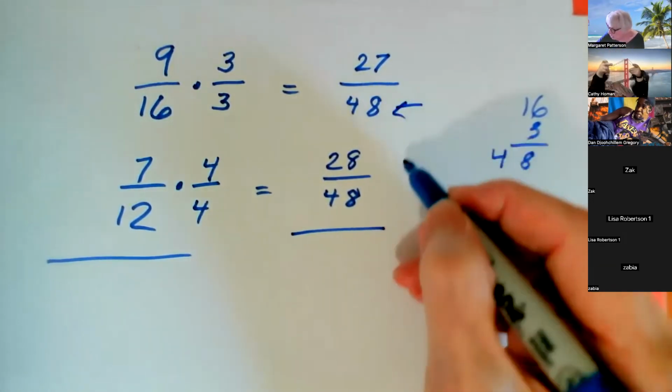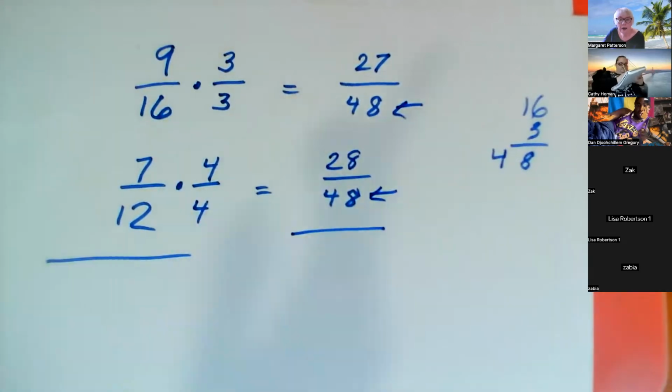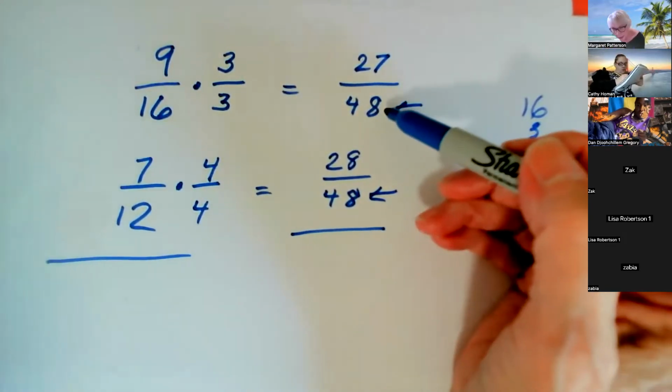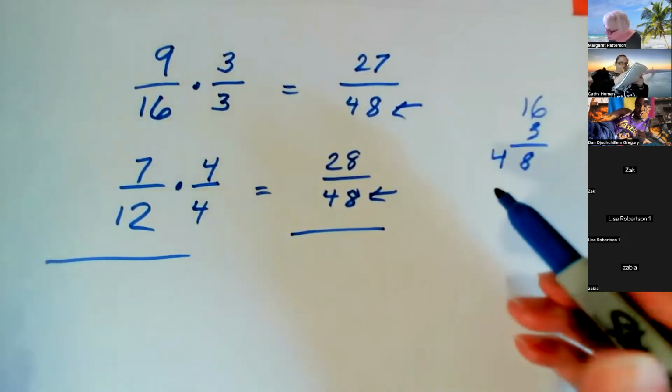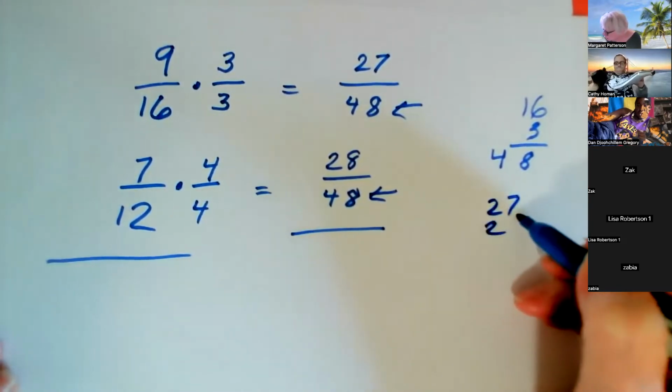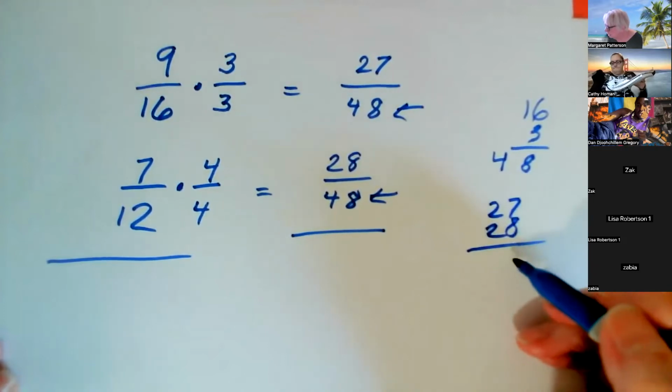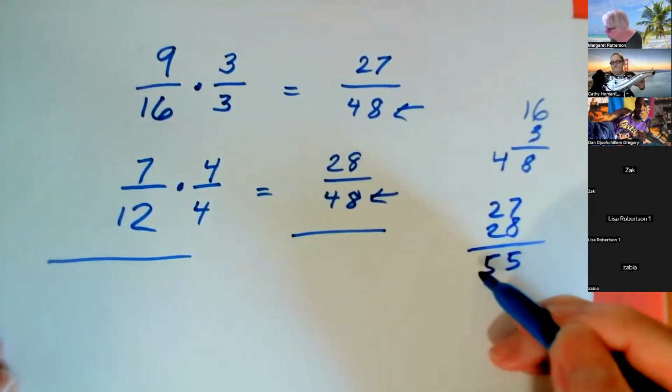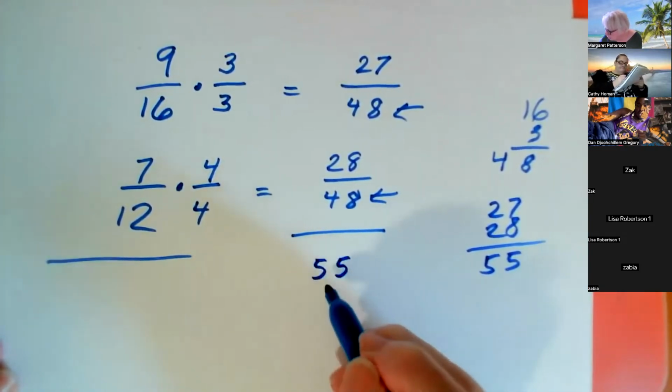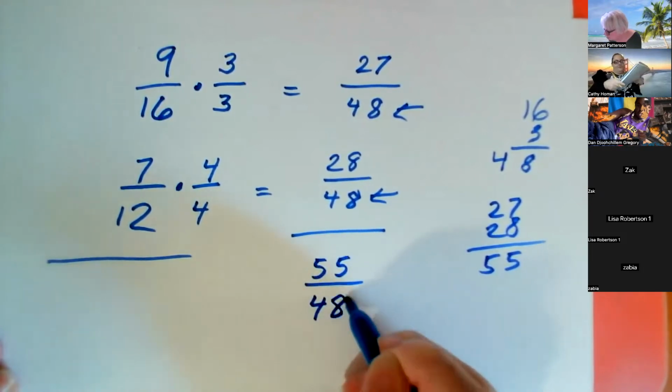Once I have that common denominator, I'm good to go. This is where it gets easy. The hard part is getting it to this point. So 27 and 28 is 55 over 48.